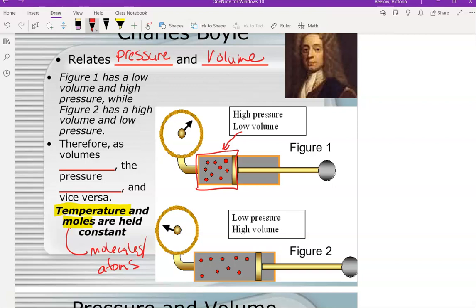So they are more likely to hit the sides of the container. And if they're hitting the sides of this container, this piston, more often, that's going to create a higher pressure. So therefore, as volume decreases, the pressure increases.